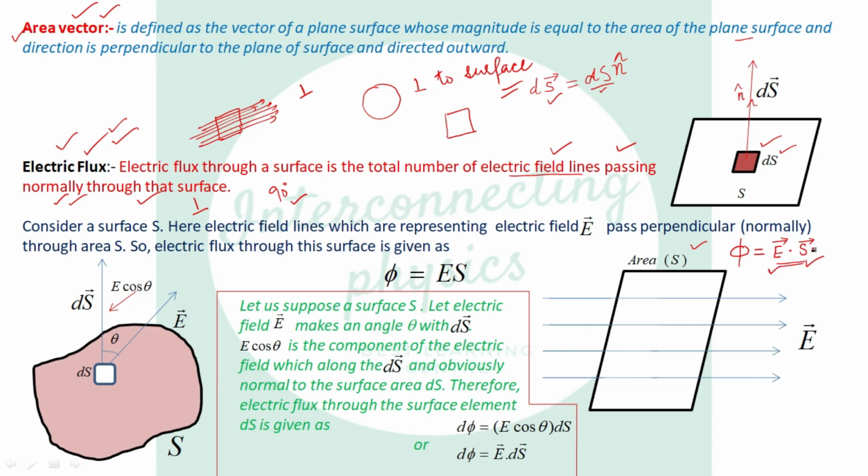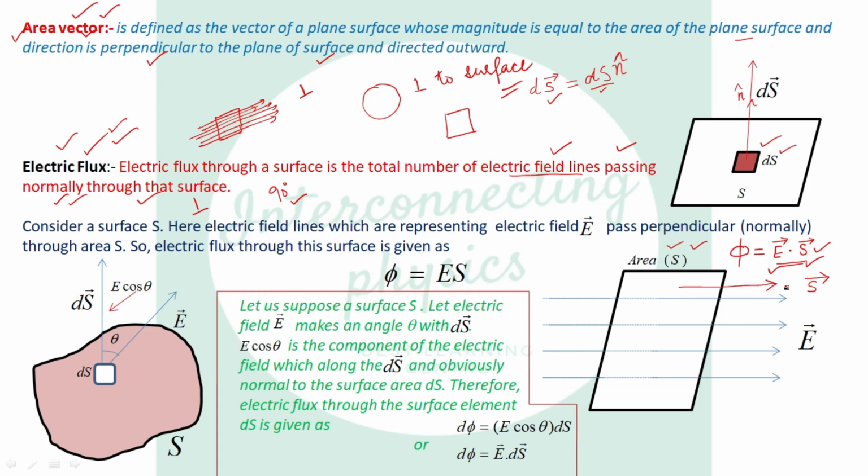Now you see here, electric field lines are perpendicular to the area. And you know S vector means area vector, which is also perpendicular to the area, because we have already studied that area vector is always perpendicular to the surface.